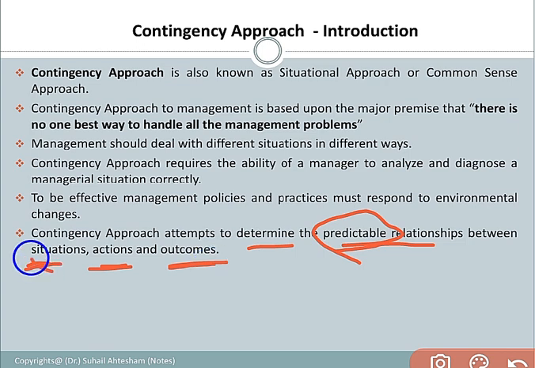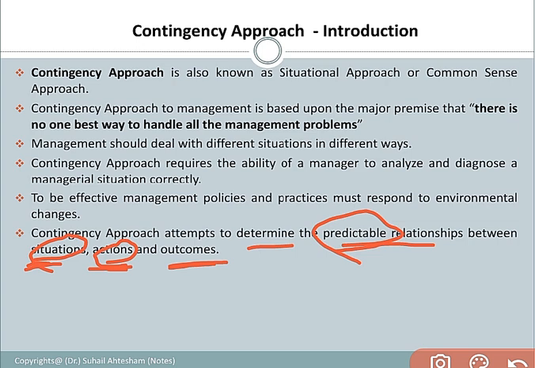So if there is any situation and hurdle in the organization, what will be the action that has to be pre-decided, from the various alternative choices available in the organization, that has to be extracted by the manager: which type of strategy, which type of technique has to be used for a particular situation, for overcoming the problem in the particular department, particular environment, particular employee, right?